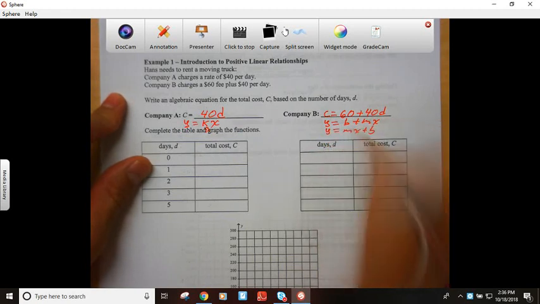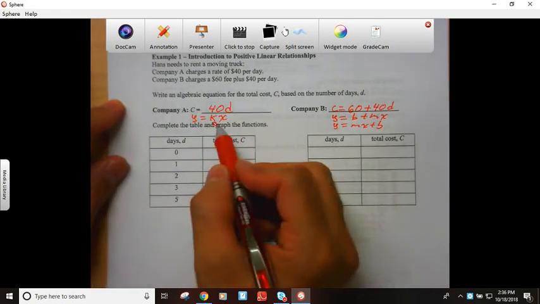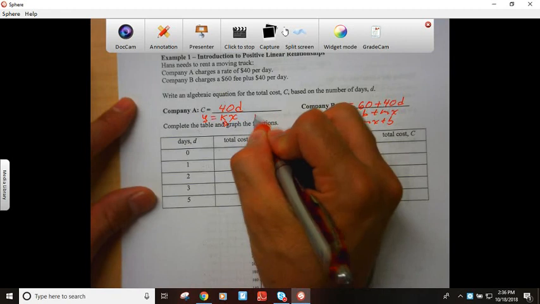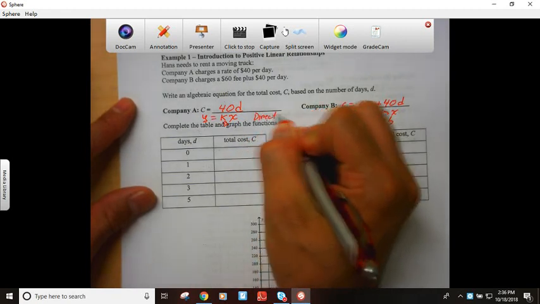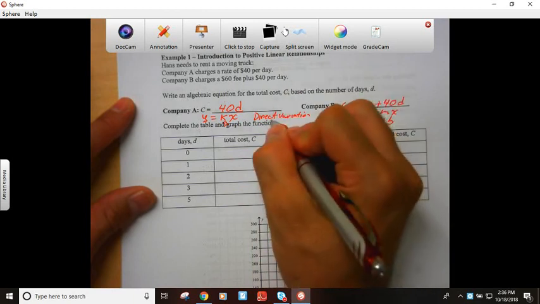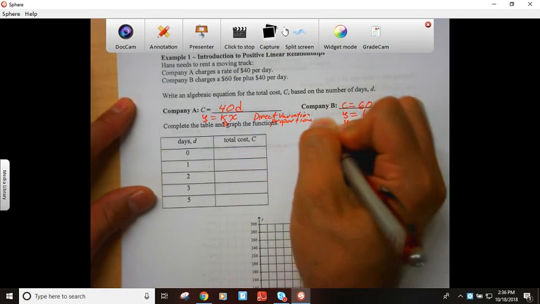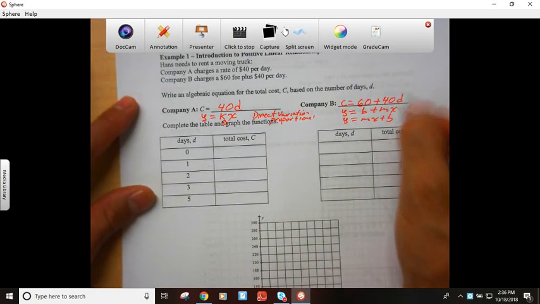Remember, they can be flipped. We called this a direct variation, which just means, in fancy words, that this should be a proportional relationship. And this relationship should be non-proportional.